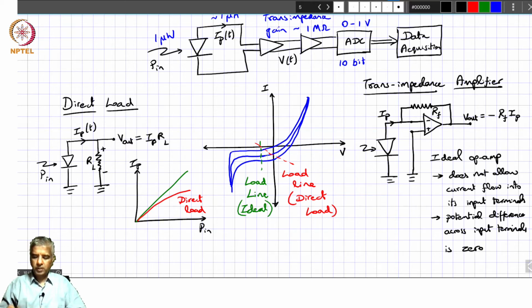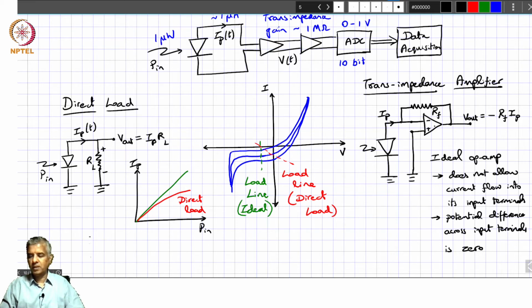So how is this different from the direct load case? Well, in direct load, we see that the load line is slanted, which means that it limits the current that you can extract, whereas as far as this transimpedance amplifier is concerned, there is no such restriction. I would also say that eventually there is a restriction, because there is only so much current that this op amp can provide to nullify the potential difference at the inputs.